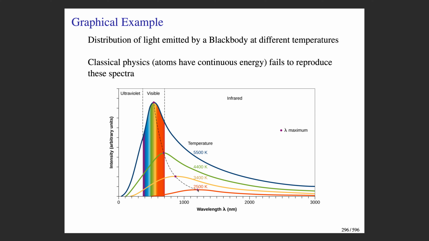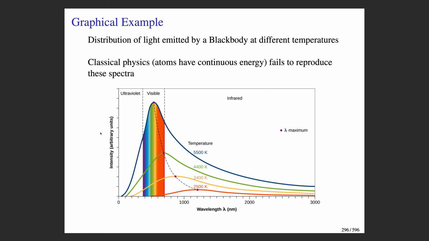So at cooler temperatures, the blackbody spectrum peaks well in the infrared range of the spectrum. And as you go to higher and higher temperatures, you see that the peak of the blackbody spectrum, that is the point where the spectrum is most intense, shifts to shorter and shorter wavelengths of light.